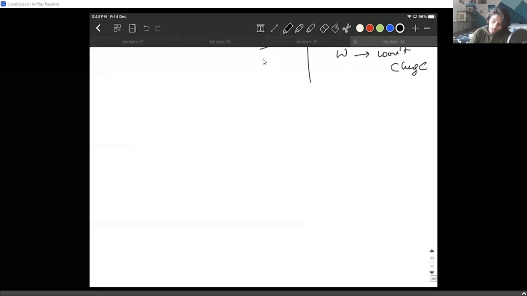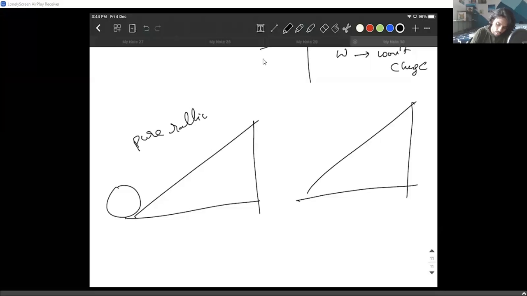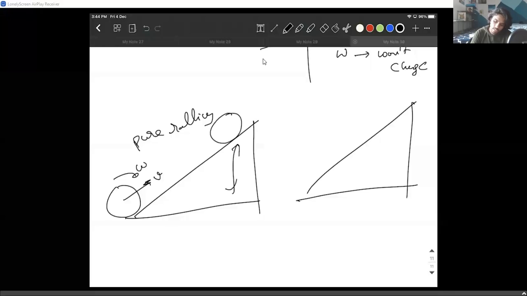But let's talk about a problem where the body is climbing up. A body is in pure rolling, with v and omega, and it climbed to a height h, let us say.